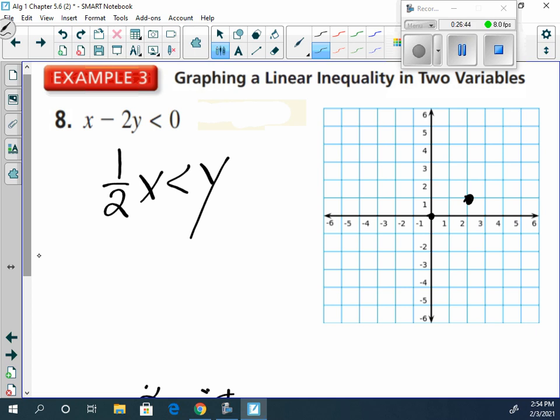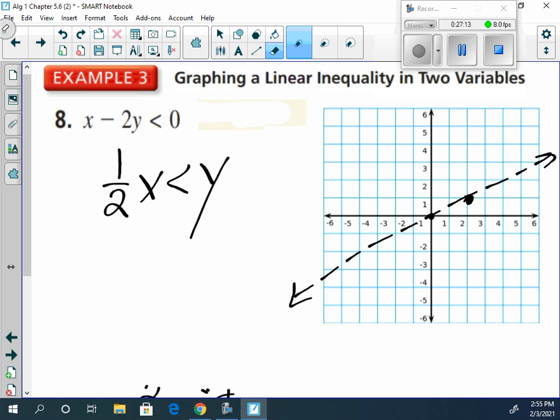Now, would the line be solid or dashed? Solid. And it's solid because it is equal to, yes? It would be dashed because it is greater than or less than.